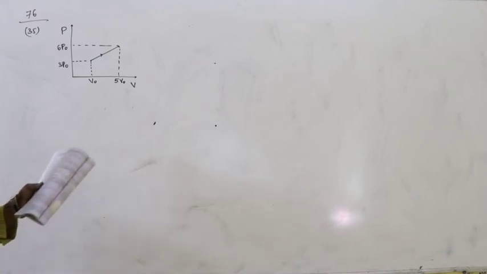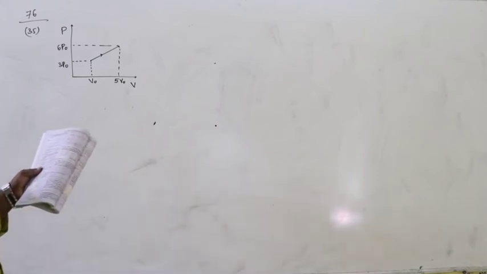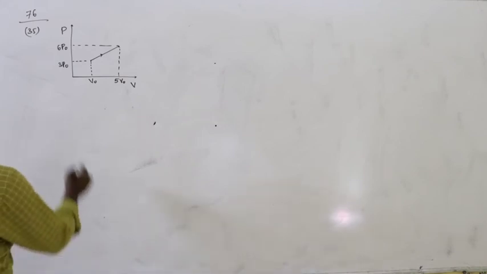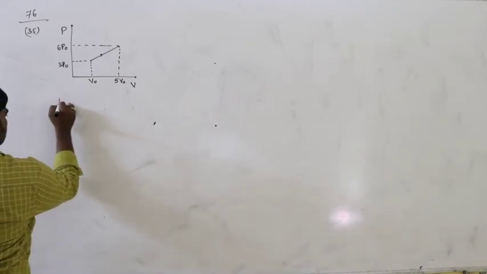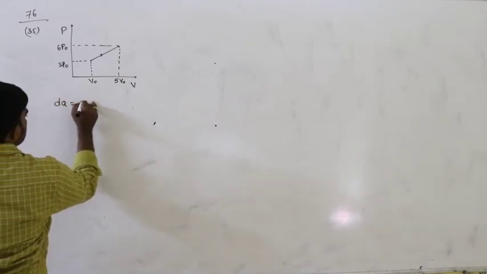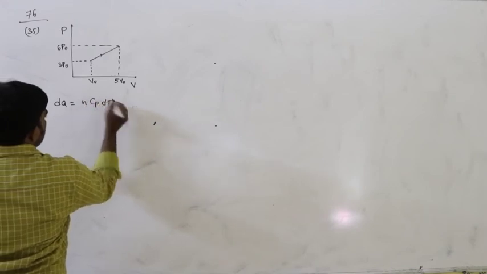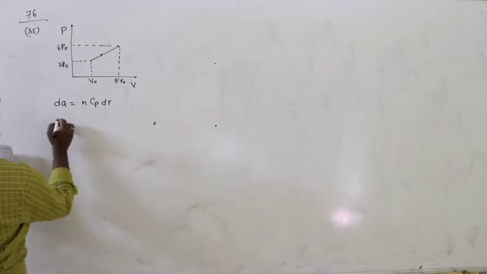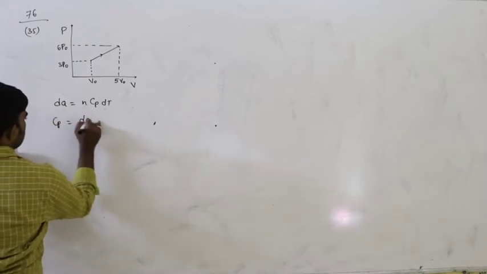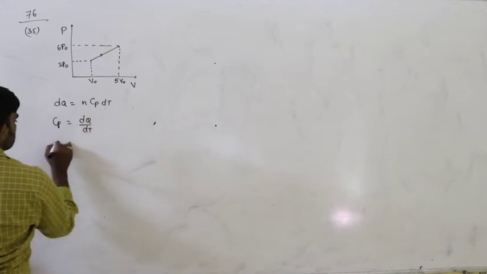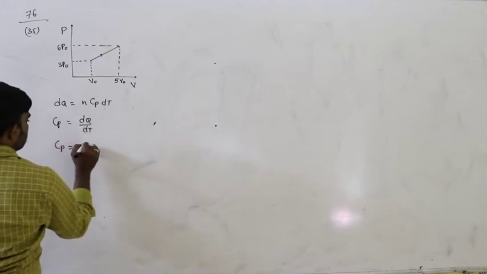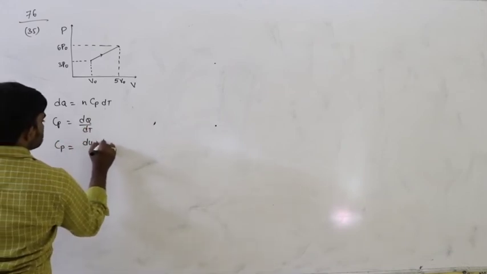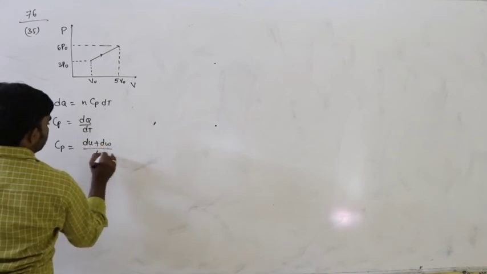Specific heat of the gas. How can we calculate the specific heat of the gas? Generally, dQ, the heat supplied to the system, can be written as nC dT. The number of moles, 1 mole, is already mentioned. So C is equal to dQ by dT, which can be written as dU plus dW divided by dT.